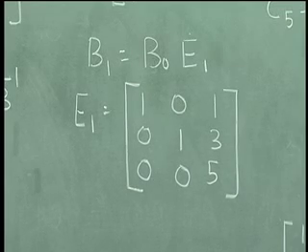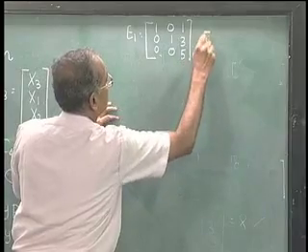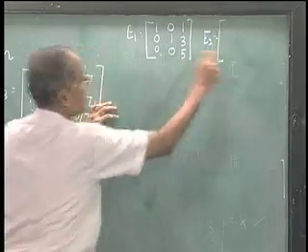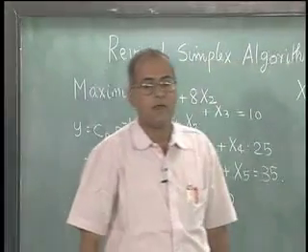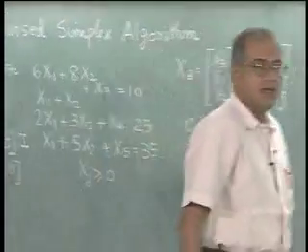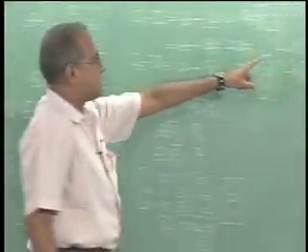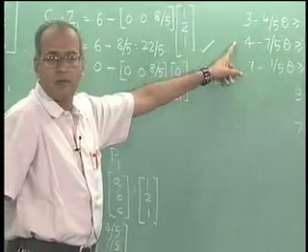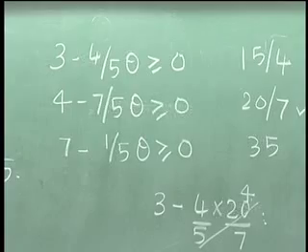and 1 3 5. Now, E2 is another eta matrix with one column not identity column. From here we understand that the second variable is the leaving variable. So, the second column in E2 will be the non identity column.